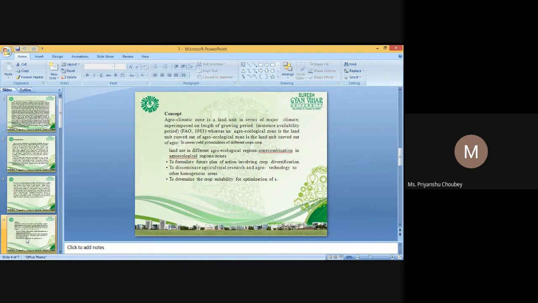Land use differs across ecological region and zone combinations in agroecological regions and zones.